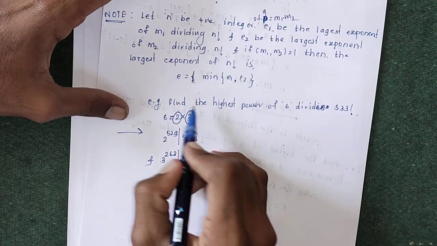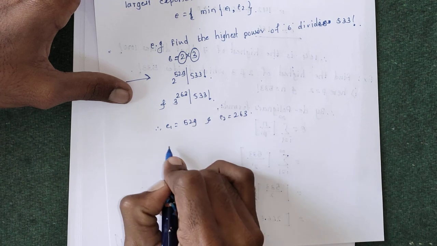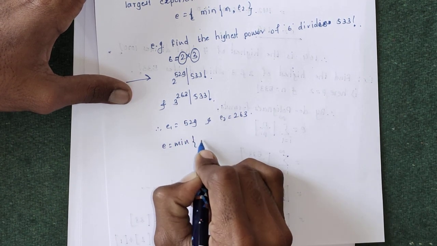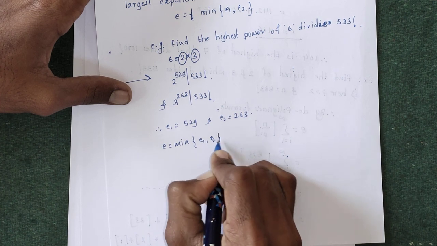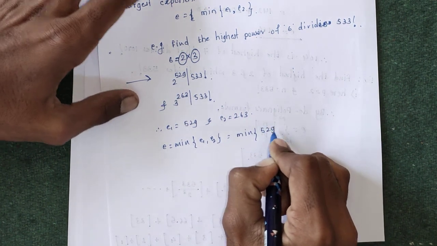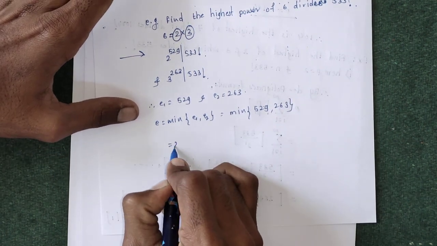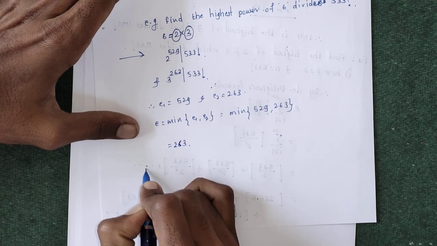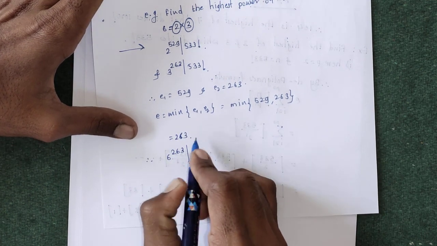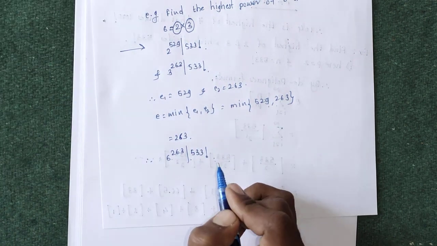So you have to find the highest power of 6 that divides 533 factorial. Then e, the highest power of 6, is the minimum of e1 and e2, that is the minimum of 529 and 263, and the minimum number is 263. So you will get the highest power of 6 as 263 which divides 533 factorial, hence the solution.